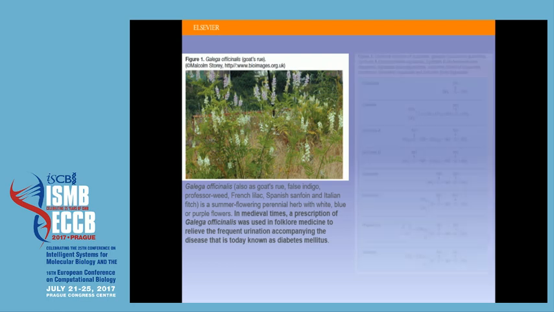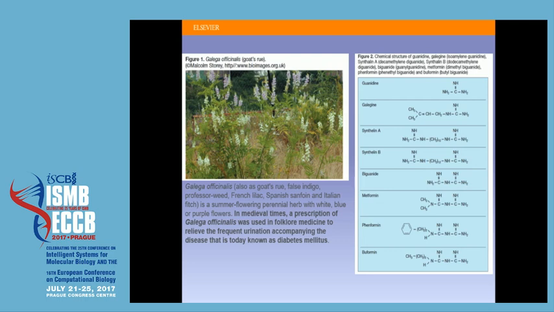It was studied in the 1920s, and the active ingredient was identified as galegine. You'll notice that it has this guanide entity over here. They went through a few evolutions. These were anti-malarials, and then they decided maybe we'll make this into a biguanide for more potency. And they wound up developing in the 50s metformin, buformin, and phenformin.